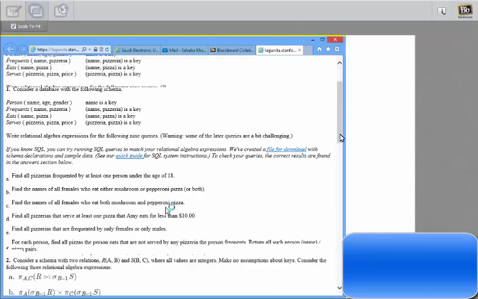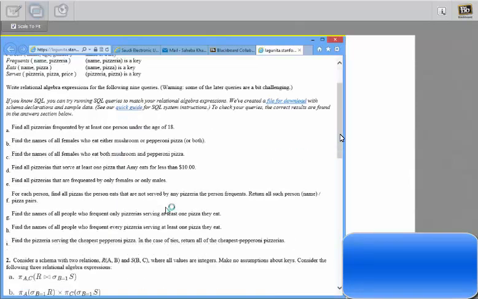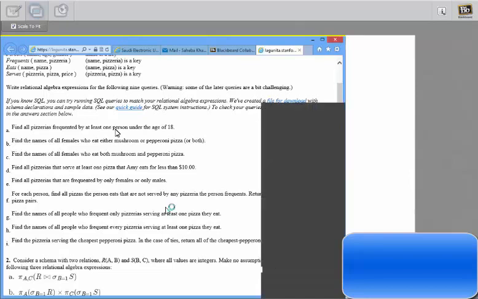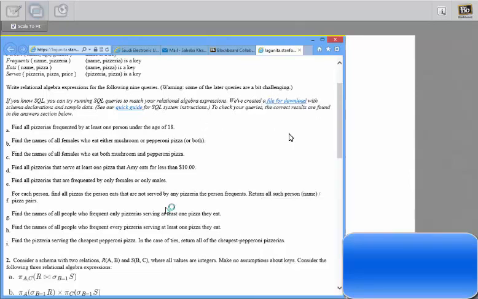Now what you have to do here, they have given you: write relational algebra expressions for the following 9 queries. Okay, so here: find all pizzerias frequented by at least one person under the age of 18.